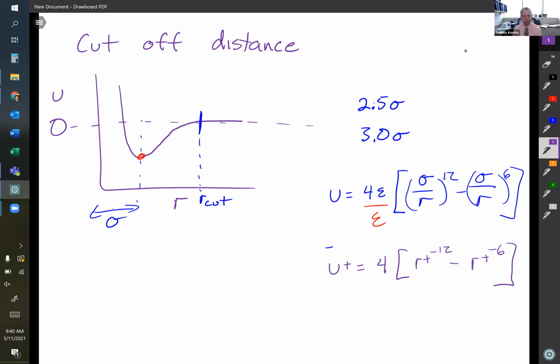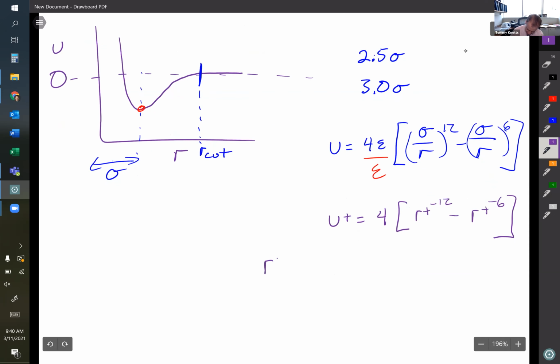That's how we nondimensionalize with sigma. So if we ever calculate a dimensionless distance that is, say, greater than 2.5, then we just say U plus is equal to 0 for that pair. That's what we mean by cutoff. Does that make sense? Any questions on that?